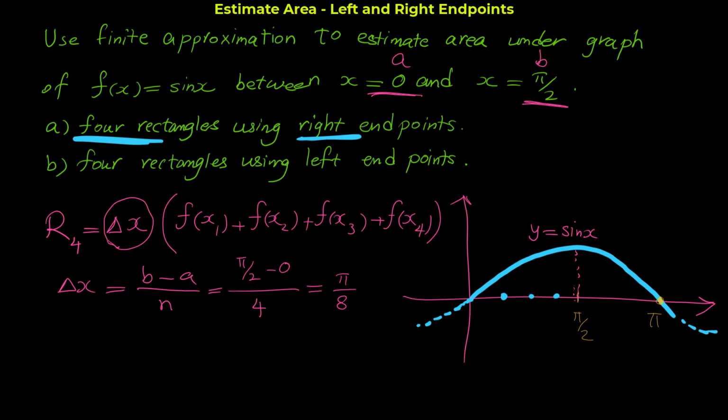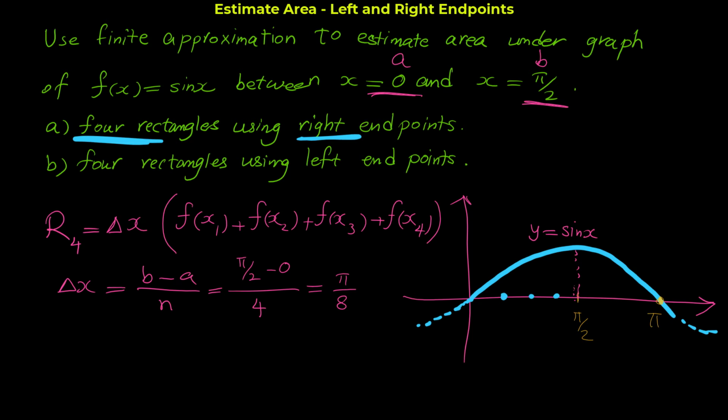So far we know what delta x is. Delta x is basically the width of each of these rectangles that we will make in a moment. So we want to make rectangles like this here. The width of these rectangles is pi over 8. But in this formula, what is f of x1, f of x2, f of x3, and f of x4? These are the lengths of the rectangles.